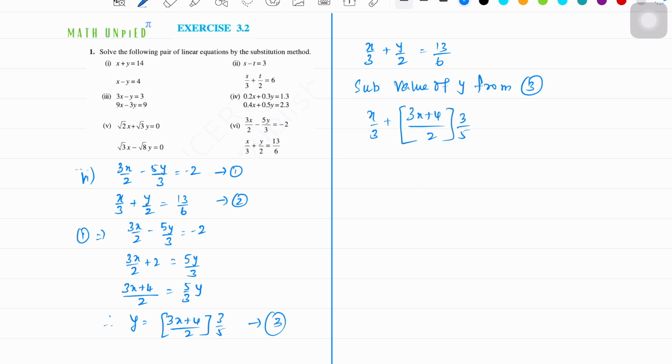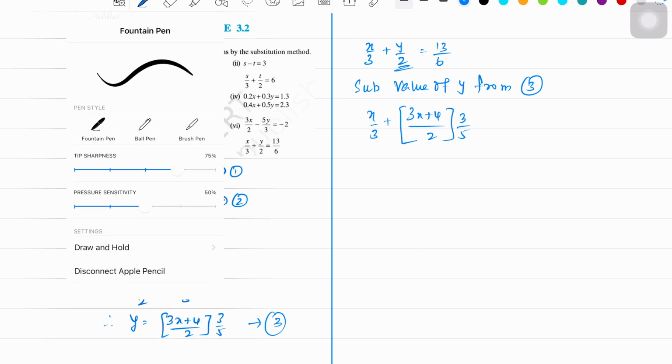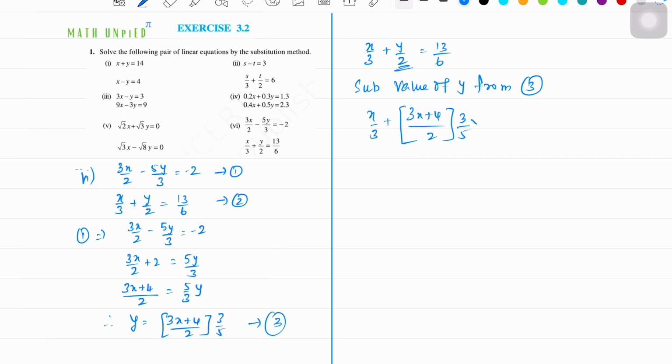There will be 2 in the denominator, and we can write this as into half equals 13 over 6. So this is y divided by 2, which is into half. Now this is x over 3 plus (9x plus 12) over 20 equals 13 over 6.